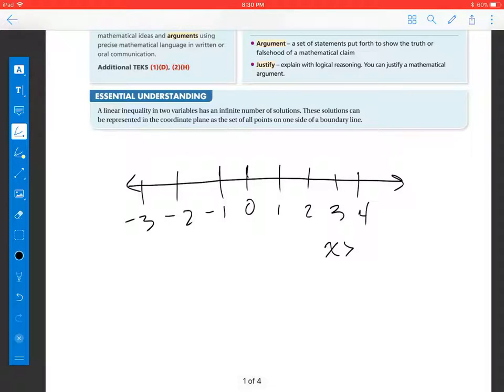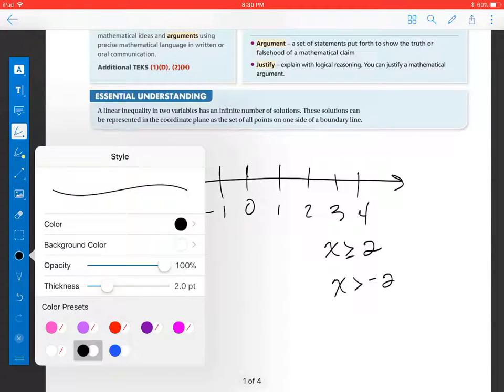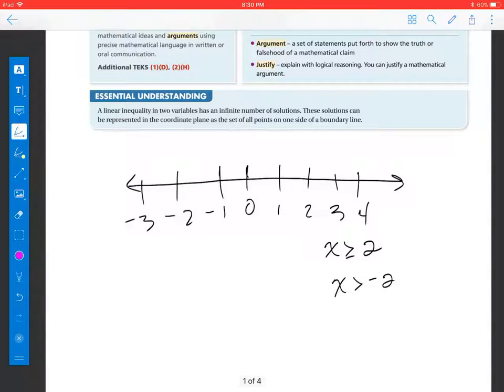Many of us have seen x is greater than or equal to a value of, let's say, 2, or let's even say x is greater than -2. I'm going to use a different color so I can talk about the two different graphs.